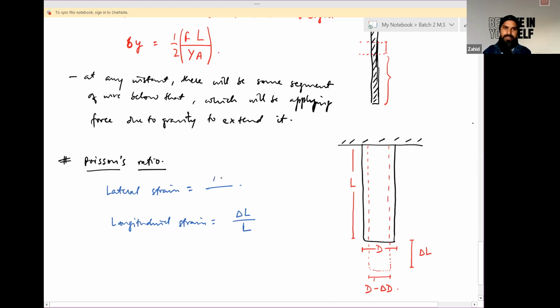So it will be delta D divided by D. As diameter of this wire is decreasing, there will be a negative sign, or you may write this fraction in terms of radius. So it will be delta R by R. Is it clear?